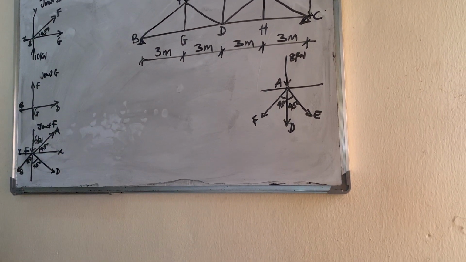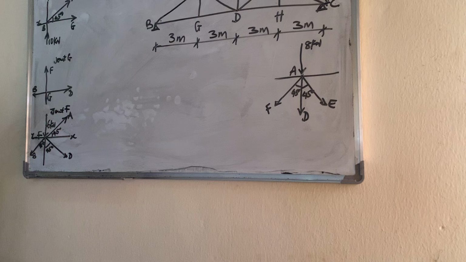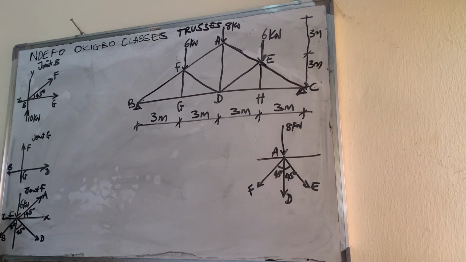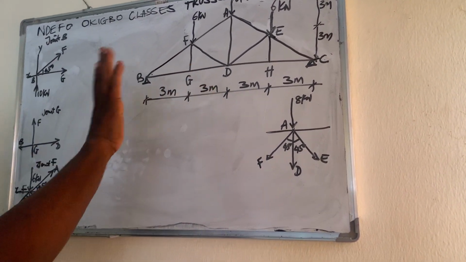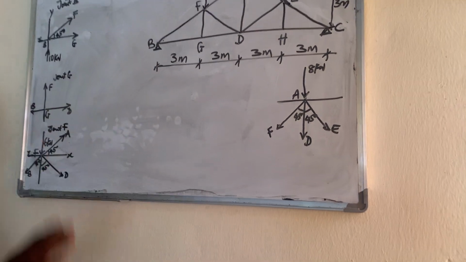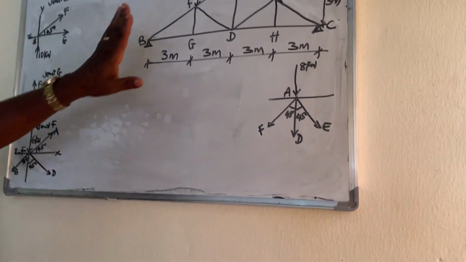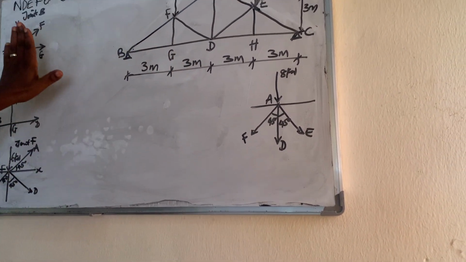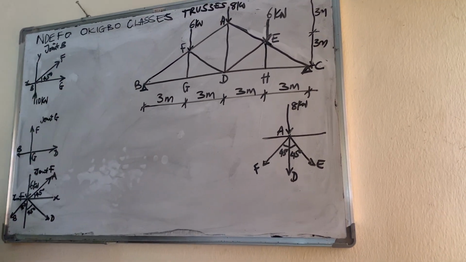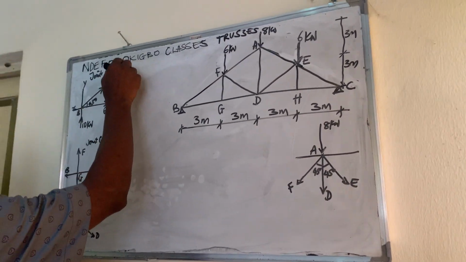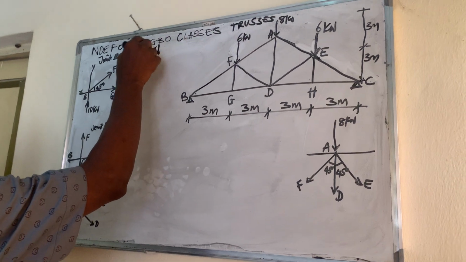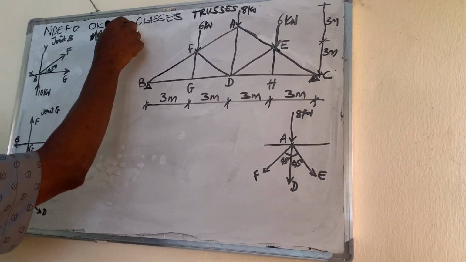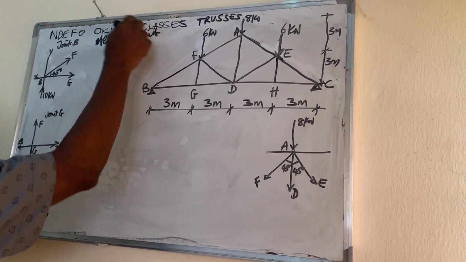We call that the method of moment, to get the forces in the members. If it's well done, you will get the same values for the forces in the members and design the members. So this time we are going to analyze this truss using the method of joints.